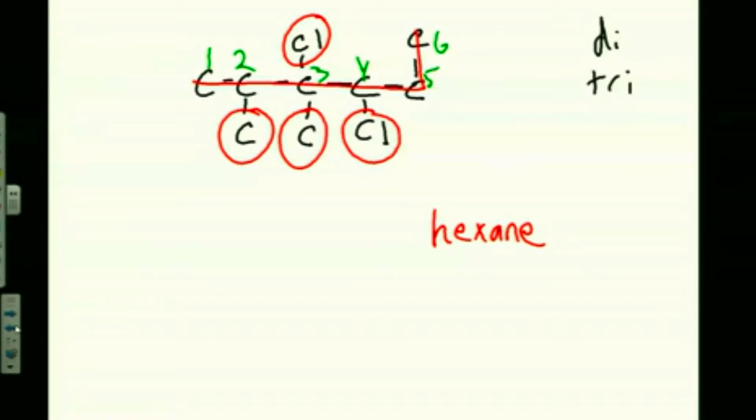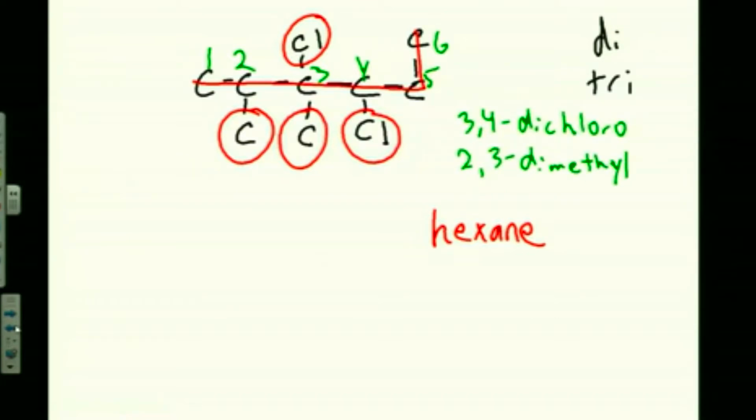So we have, let's write it up here first. We have 3, 4 dichloro. And we also have 2, 3 dimethyl. Does everybody see why it's 3, 4 dichloro and 2, 3 dimethyl? You don't see how I got methyl? These are CH3 groups, right?